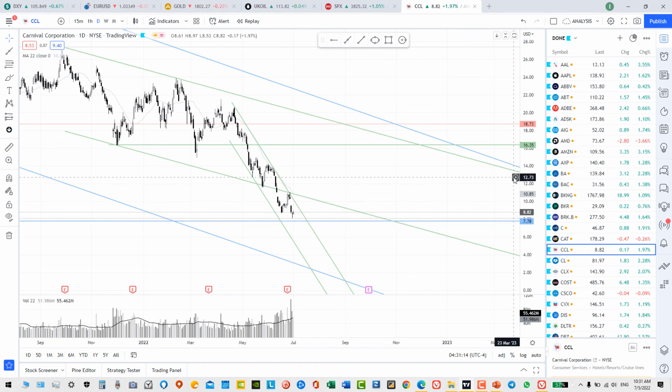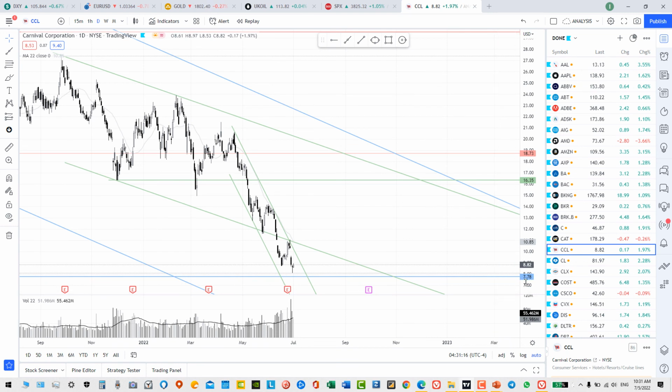So the $7 area or the $7.5 area is very critical to be respected, and never ever close below that area in order for the hope of creating a correction to the upside. Any volatility around the 8 area and any close below the 8 area is not good at all.